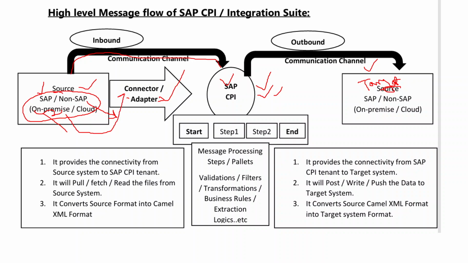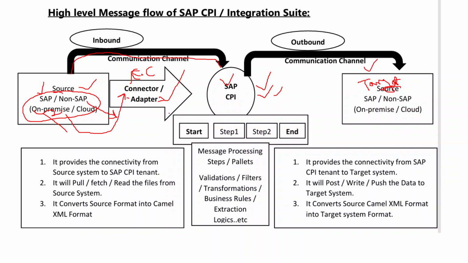For that reason, SAP is giving one small VPN kind of a thing that is called cloud connector. With the help of cloud connector we can reach out to the on-premise application. Just remember this word, that's it. We will see how to install this cloud connector and what the options are, as an integration consultant, when we look inside the cloud connector.